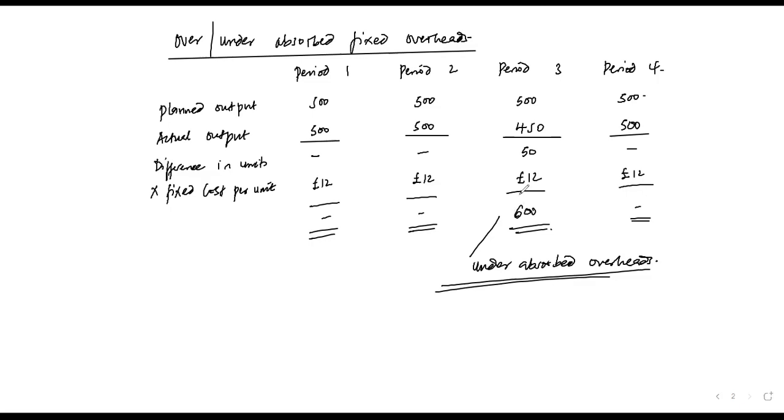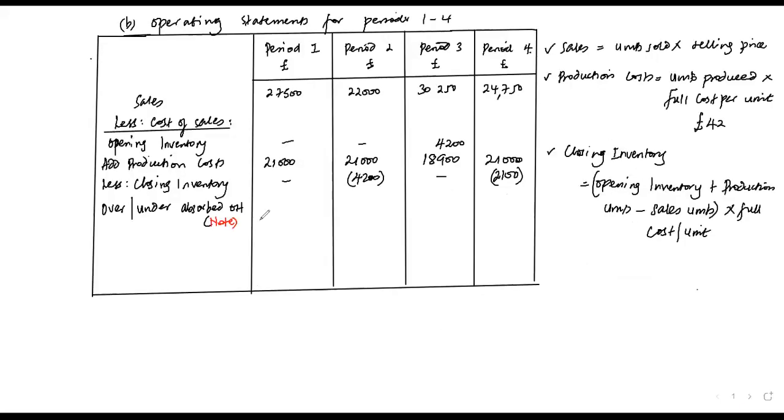So there is under absorbed overheads, and the treatment of this 600 is that it should be debited to our profit and loss statement. So what you do, you come back here to your operating statement. Our operating statement here, in period 1, there is nothing. Period 2, nothing, but period 3, you bring that 600 and you add it. In other words, you increase the cost of sales. It's an expense.